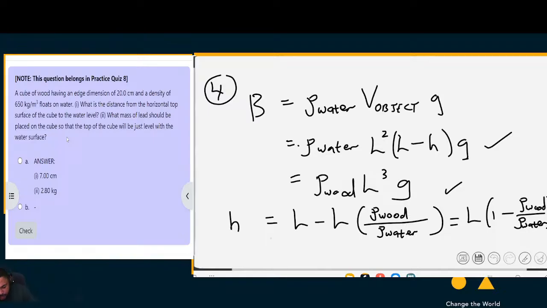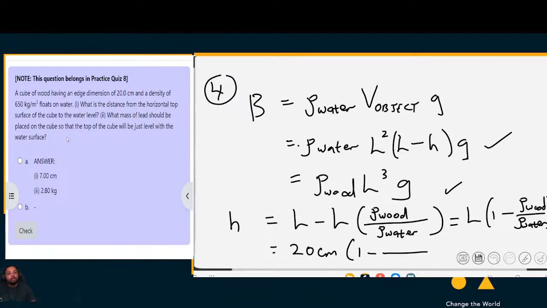So the length is 20 centimeters. I'm just going to use centimeters, times 1 minus, what are the two densities? The density of wood and the density of water.